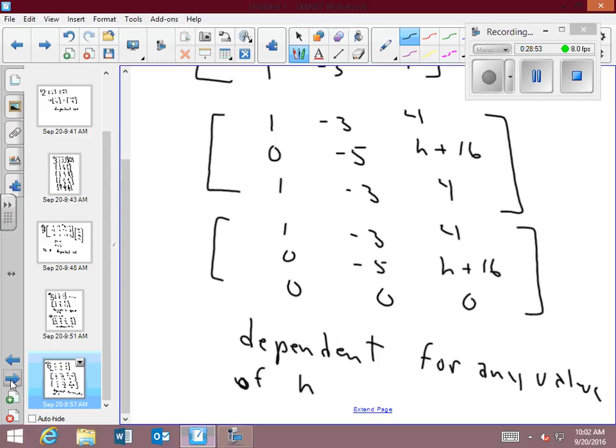No restriction. If an h appeared down here, then we'd have to have a value of h that we want.